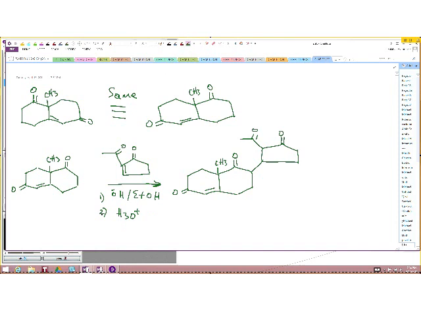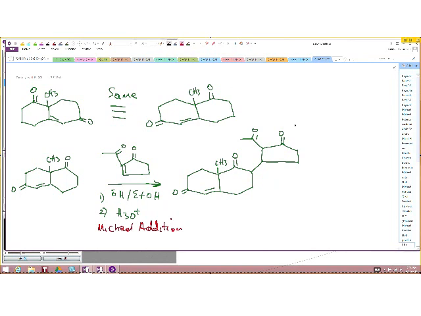So I do a Michael addition, and then I follow this up with Aldol condensation. In other words, I want to do a complete Robinson annulation.